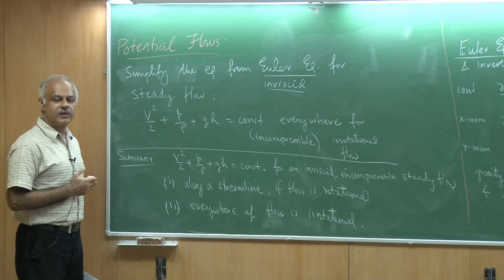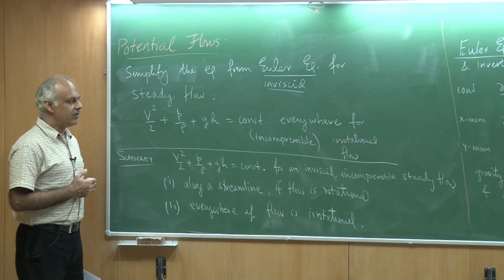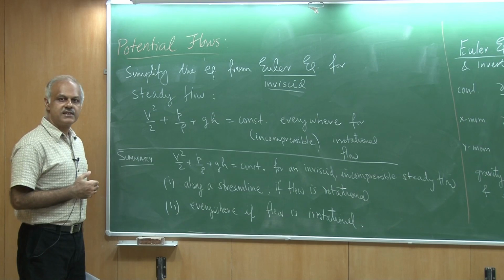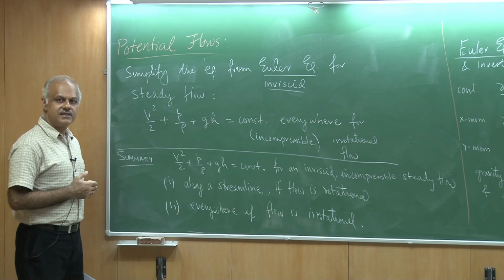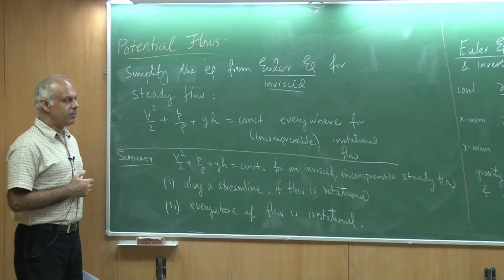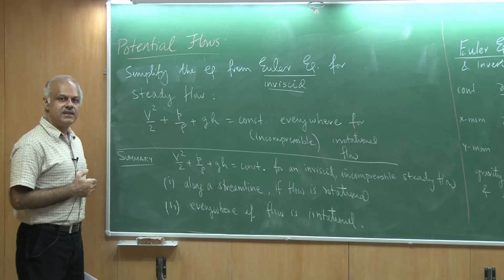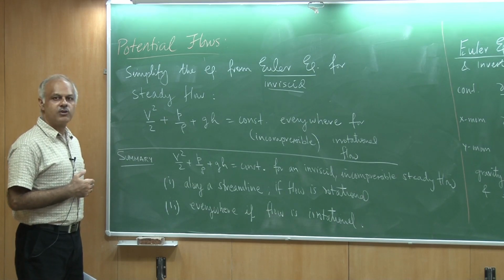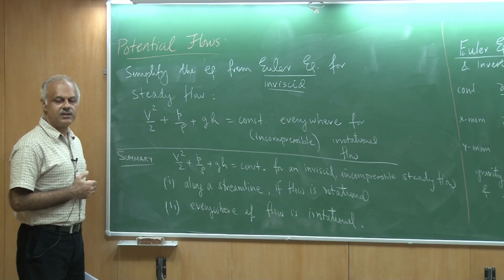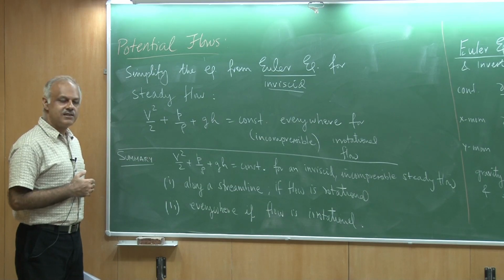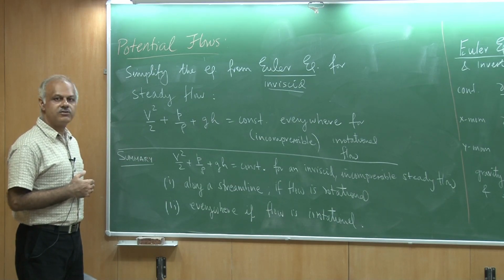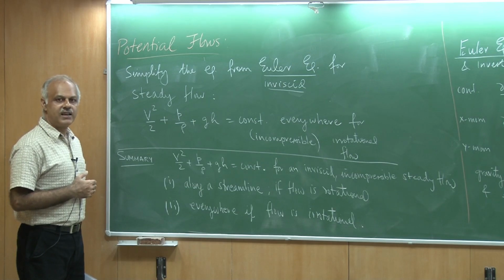In 3 dimensions it is a vector function. On the other hand, the velocity potential is extremely general. It remains a scalar for 2D or 3 dimensional flows, but the existence of phi is only for irrotational flows. The curl of velocity is 0, only then you can express velocity as a function of a potential. In either case, we were able to show that the Laplacian of phi and psi equal to 0 is the governing equation for potential flows.